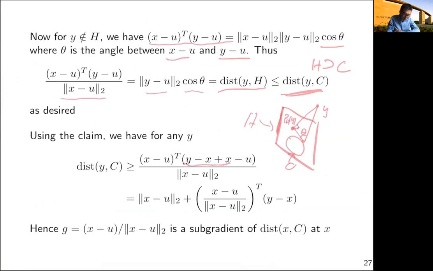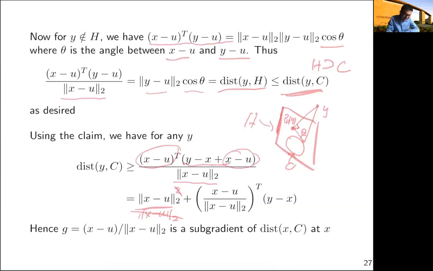Once we do that, if we combine these two terms and then divide, we end up getting rid of this square term. And what remains is x minus u divided by the x minus u norm, transpose, y minus x.